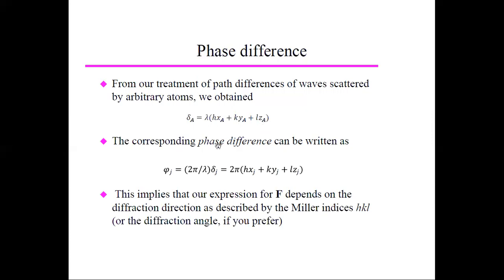So the phase difference can be written as phi_j equal to 2 pi over lambda times delta_j, which is equal to 2 pi (h x_j plus k y_j plus l z_j). This implies that our expression for F depends on the diffraction direction as described by the Miller indices hkl.